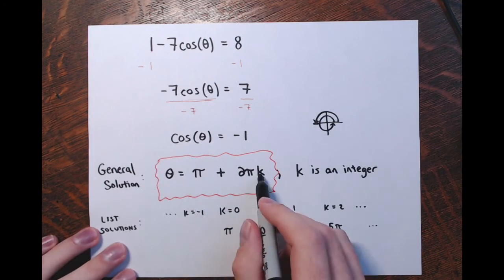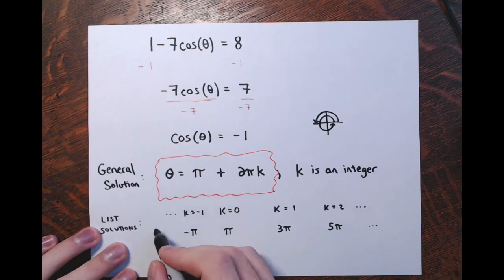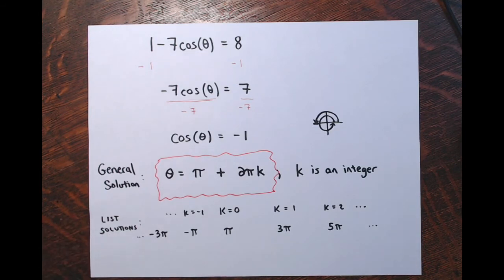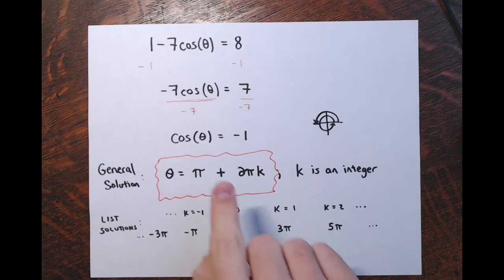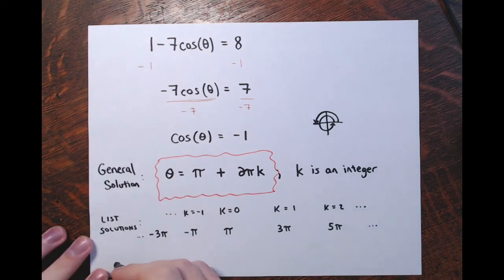Going this way, when k is -1, I'm subtracting 2 pi, so -1 pi would be a solution, -3 pi when k is -2, and so on. I could do that all day long. These trigonometric equations, when they have solutions, will have infinitely many in most cases. Here I've just listed 5 solutions to this equation.